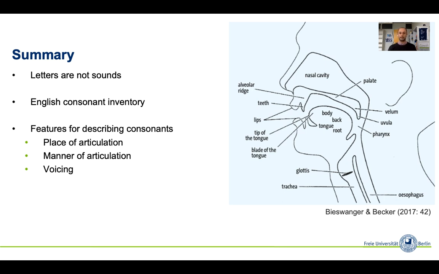And that is the place of articulation, where the obstruction of the airflow happens, manner of articulation, how this obstruction happens, and the voicing, meaning what do the vocal cords do while the obstruction happens.